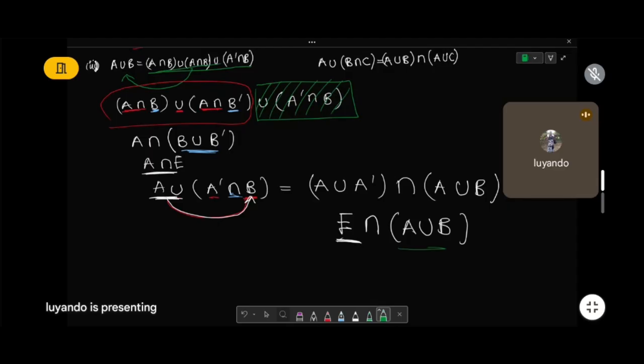So I can illustrate this using the sets again, but I know by now you understand that this just simplifies to A union B. Okay, we good?